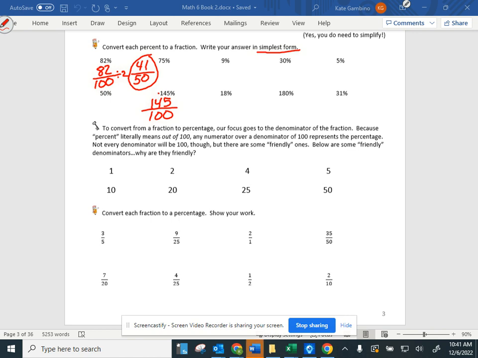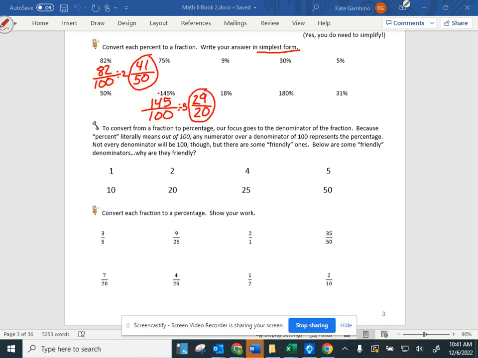You could divide 5 out of it. So 5 goes into 14 2 times, 45. So that gives me 29. 100 divided by 5 is 20. Can I simplify it anymore? No, that's as simple as we can go. So that is my final answer.